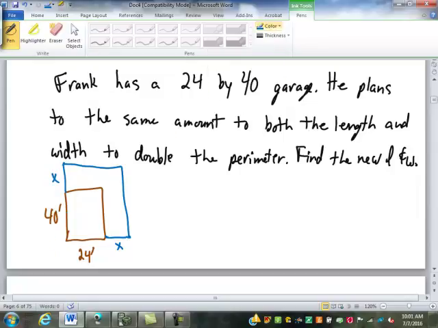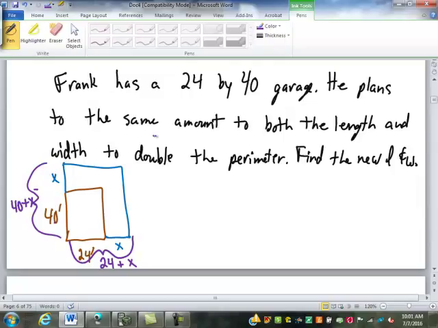Which means the new length is 40 plus x, or x plus 40. The new width is 24 plus x, or x plus 24. Now here's the thing.